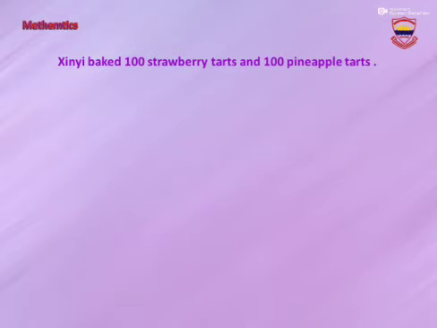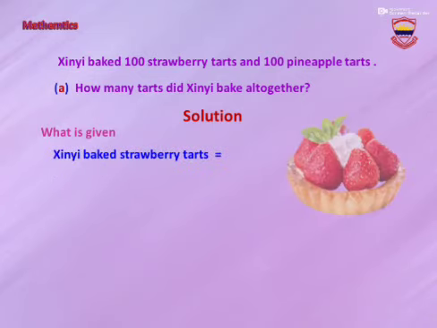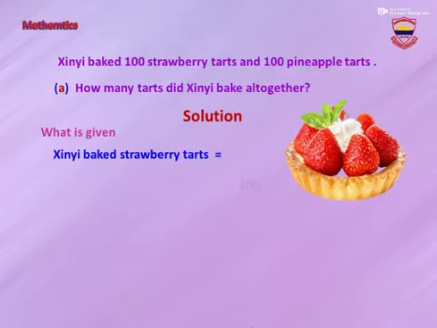Firstly, we solve the A part. What is the A part? A part is how many tarts did Zini bake altogether. Let's learn how we solve it. Look at the solution. What is given in this statement? Yes, it is given that Zini baked strawberry tarts equal to 100 and pineapple tarts equal to 100. What do we have to find out?